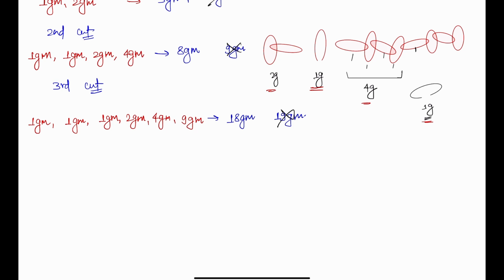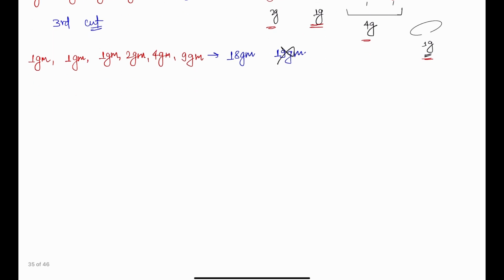So again it's a kind of dilemma, but we can already say that on the very fourth cut we can count everything, because on the next one we will take 19 gram, right?